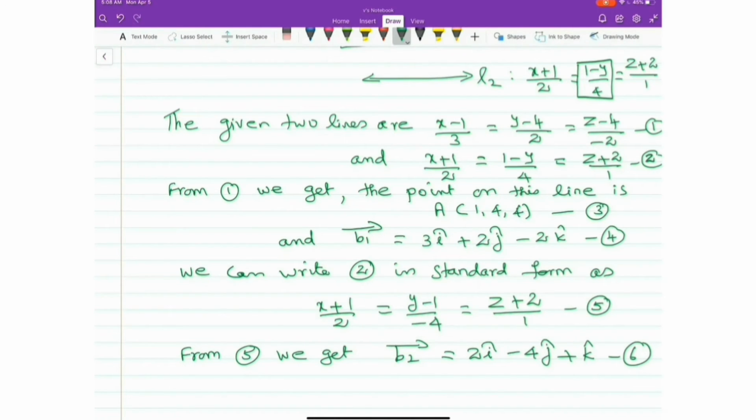So, I know the point through which the plane is passing, and also I know the two parallel vectors, B1 vector as well as B2 vector.